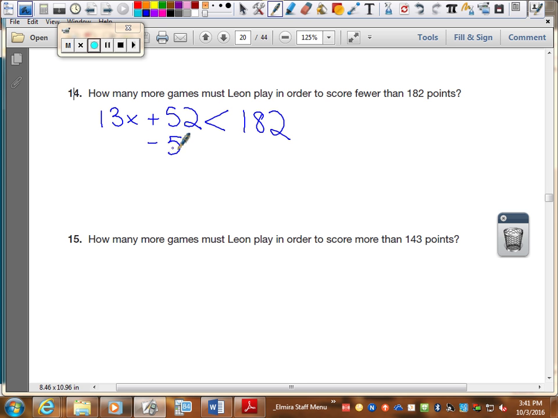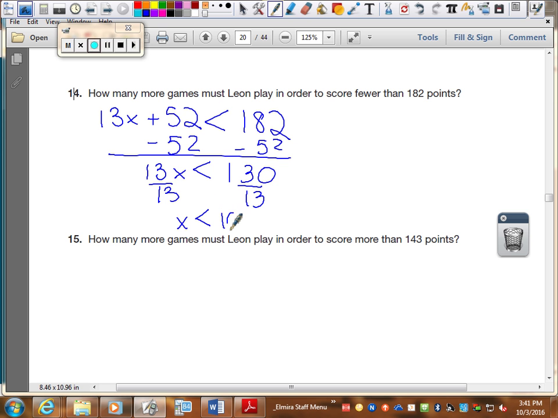So then we'll subtract 52 both sides. Divide by 13. Fewer than 10 games.